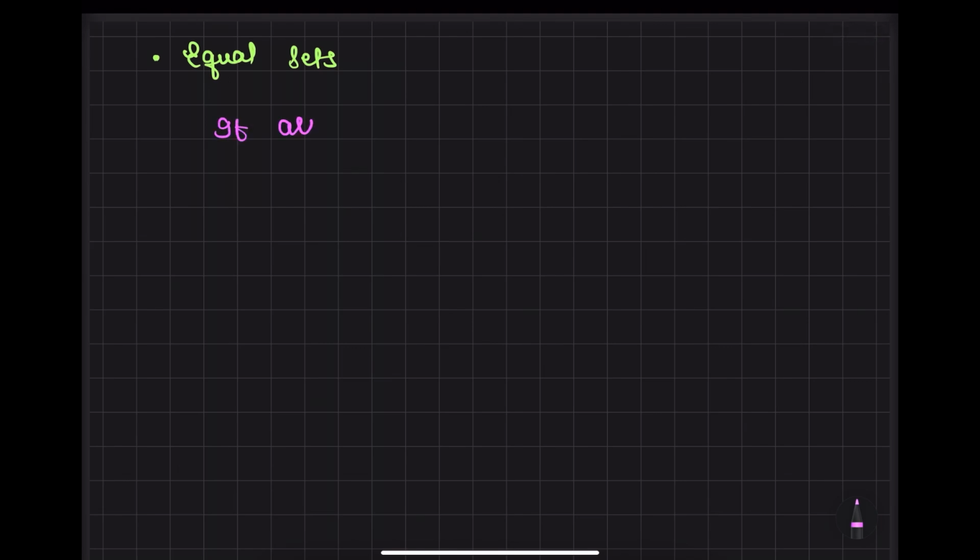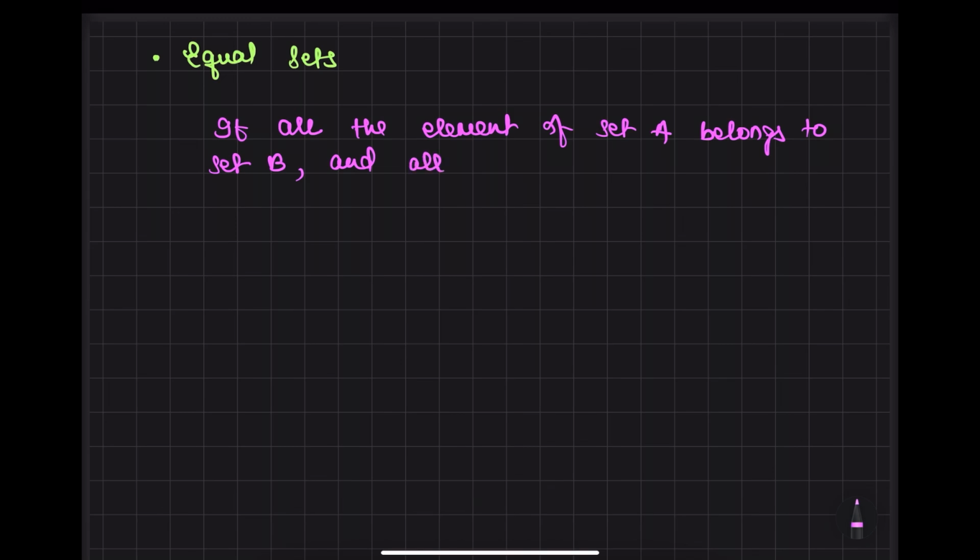If all the elements of set A belong to set B, and you have to take care of both, and all the elements of set B belong to set A, if these conditions are fulfilled, then you can say that both sets are equal.